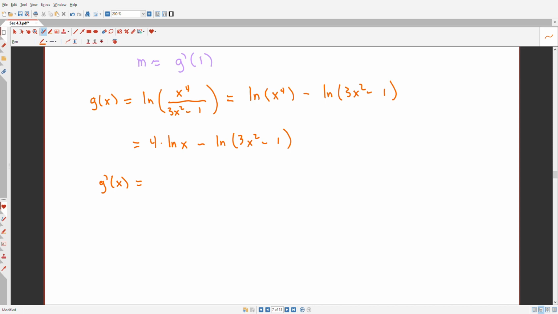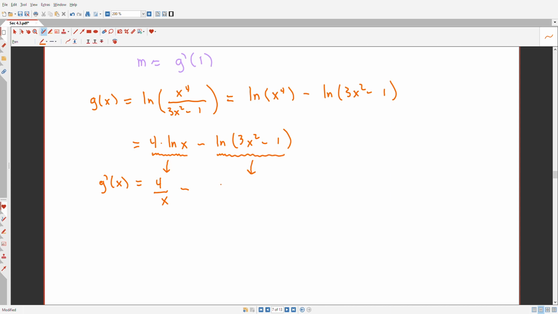So I'm going to differentiate this expanded log, quote-unquote, simplified version of g of x. First I'm going to take the derivative of 4 times natural log of x, and that just becomes 4 times 1 over x. And now it's minus the derivative of this stuff.